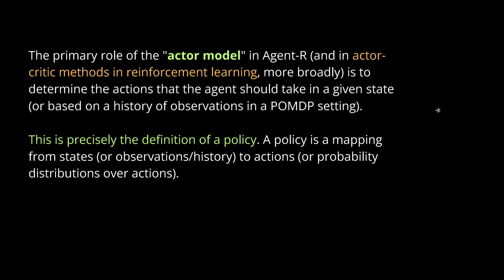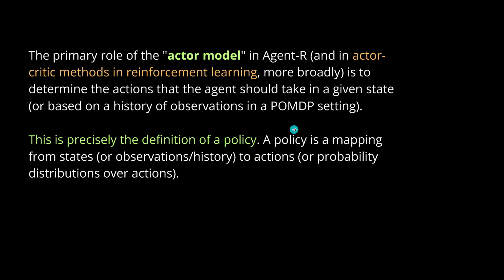Unfortunately, people use a lot of terminology for identical objects. Now, do not get confused by all this different jargon, these different technical terms, because there's a good chance that they all reference the same object. Have a look here. If they talk about an actor model or an actor critic methodology in reinforcement learning, if you read the definition of this, you notice this is precisely the definition of a policy in reinforcement learning.